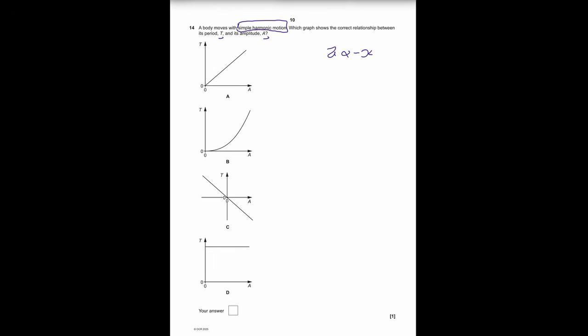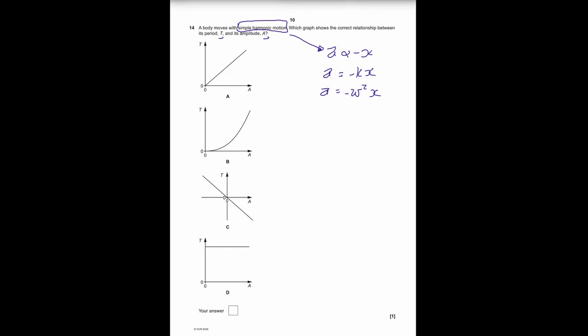Now, this is a bit of a trick question, because when we're saying simple harmonic motion, we go straight away to a equals minus kx, and what's the constant of proportionality? Minus omega squared x, and I'm getting all of this kind of thing.